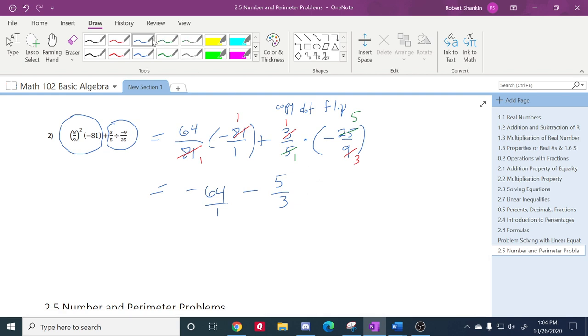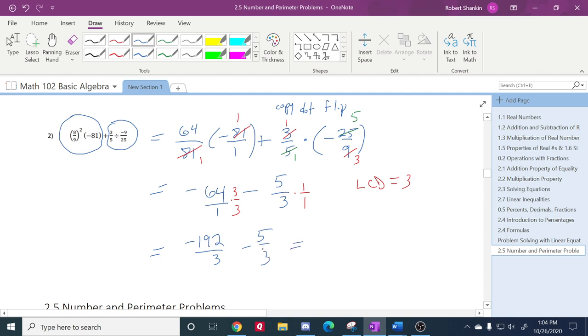So the least common denominator is 3. This one already has the right denominator. But this one, I'm going to multiply by 3 over 3. When I multiply that, I get negative 192 over 3 minus 5 over 3.